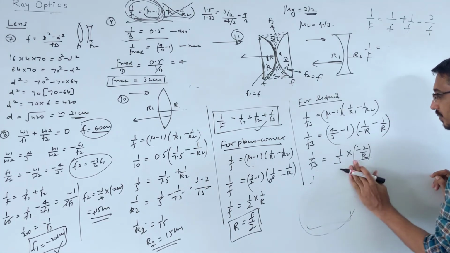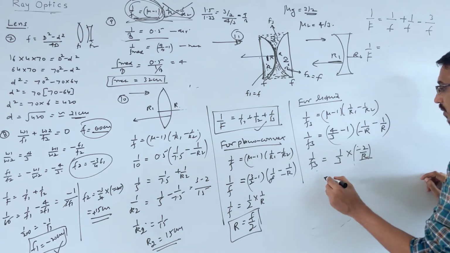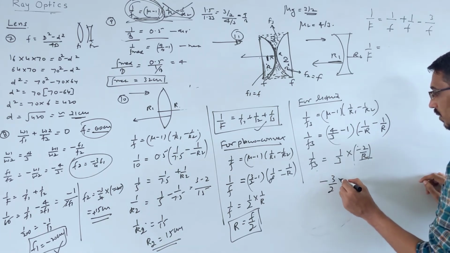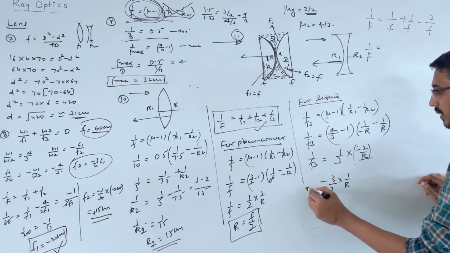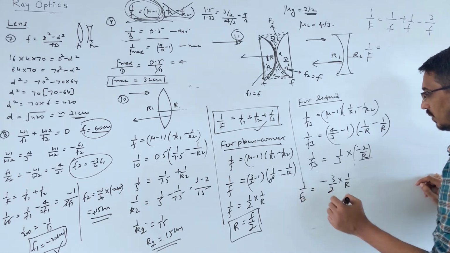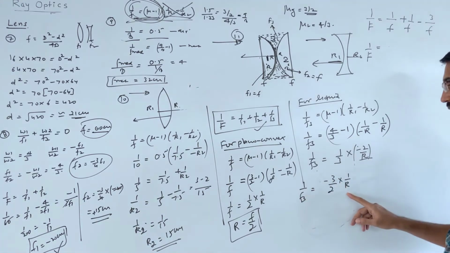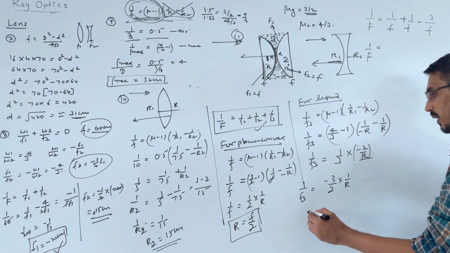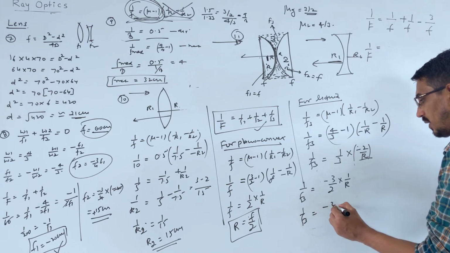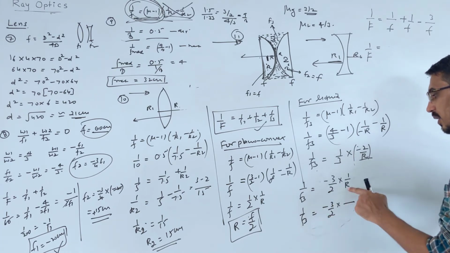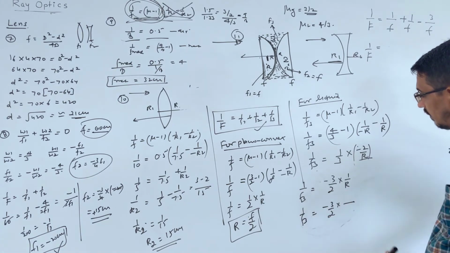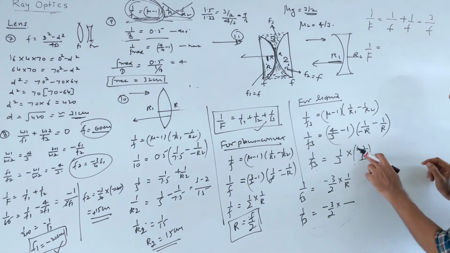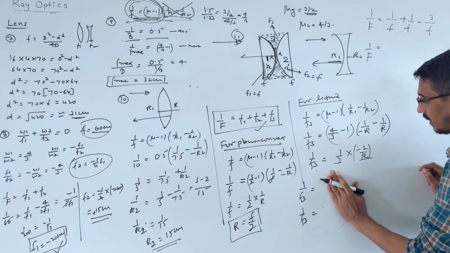Let me correct it. So what answer did we get? We got minus 3 by 2 into 1 by R. That was 1 by f3. Look here, the R value I am putting, R is f by 2. I was writing the calculation wrong actually.